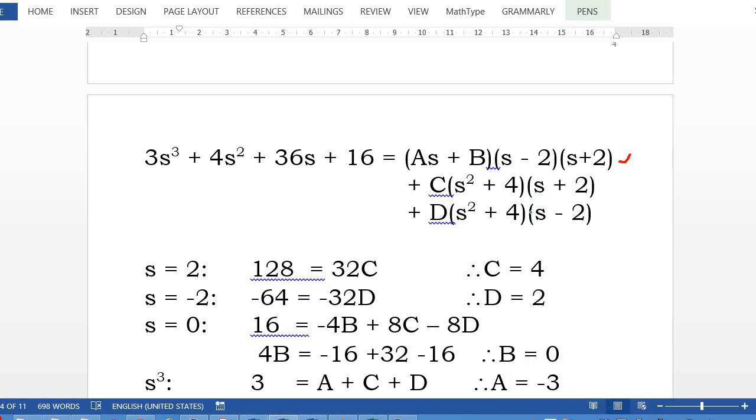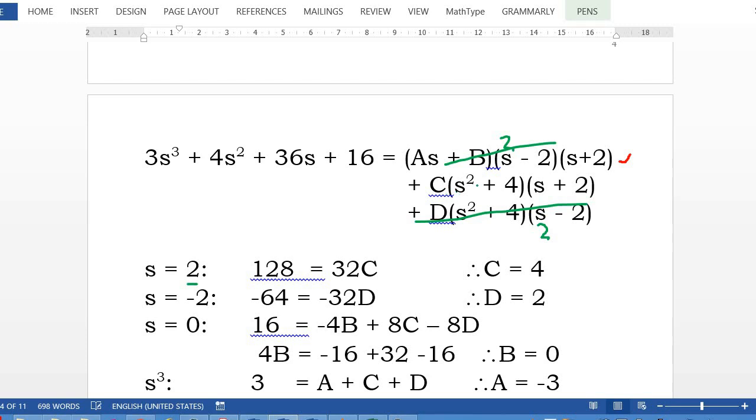First of all, you have the linear term s minus 2. You may substitute s equal to 2. So 2 minus 2 is 0, and 0 times anything, the whole term is gone.